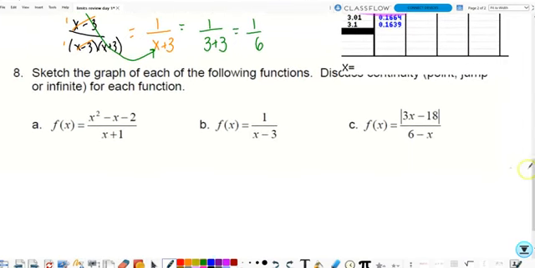Sketch a graph and discuss any type of discontinuity. Okay, so our choices are point, which is a hole, jump, which is a jump, and infinite, which is a vertical asymptote. So I'm going to put A in my calculator.